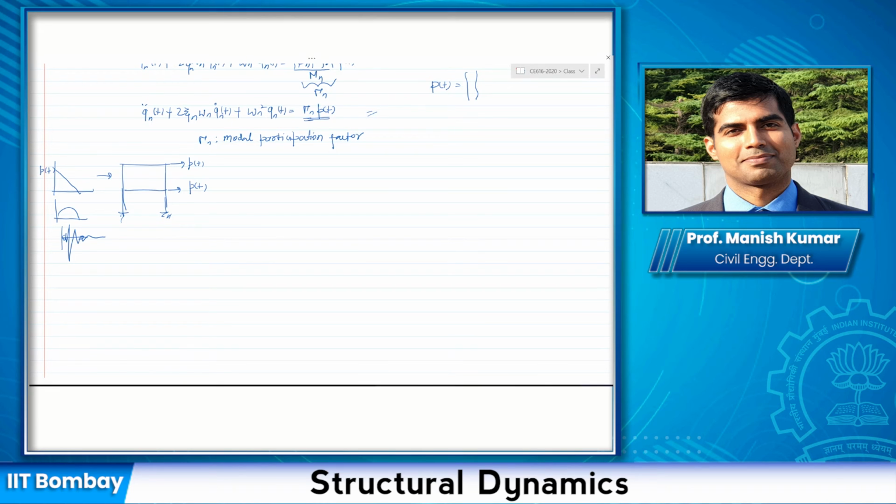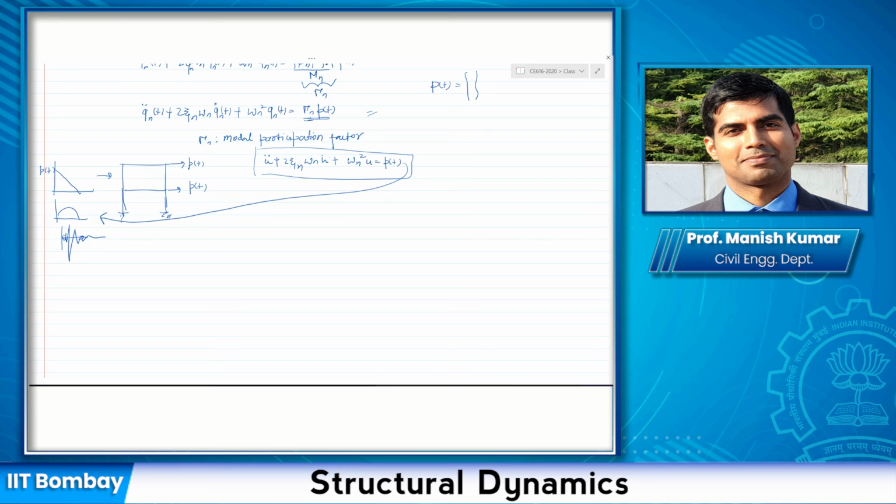In which we solved the equation of motion. Not q, let me first write it in terms of u: m ü plus c u̇ plus k u equal to p(t), where p(t) could be one of these forces here. So the solution to this one is available, which is basically the response of a single degree of freedom system to any of these pulses.